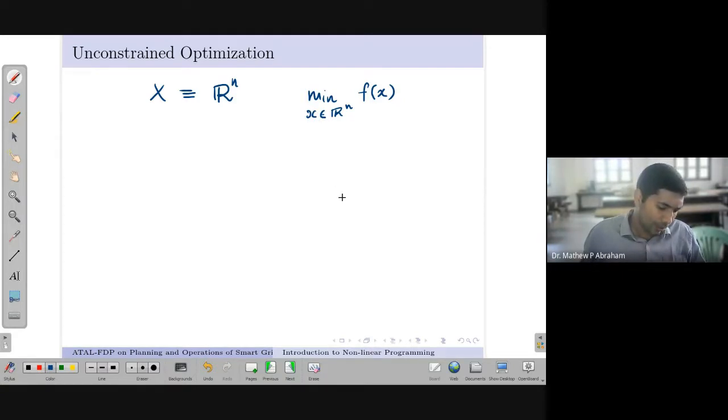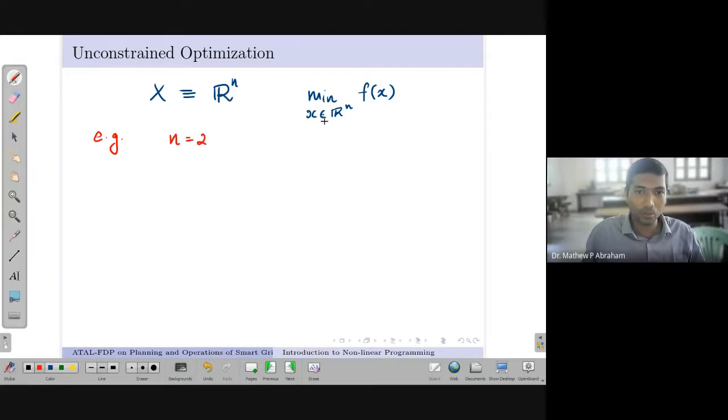Let's quickly consider an example. As I said, this will be a tutorial session, and we'll consider a lot of examples to understand each and every minor concept. Let's consider the case when n is equal to 2, so it is very easy to visualize.